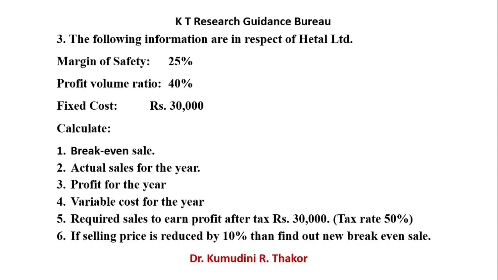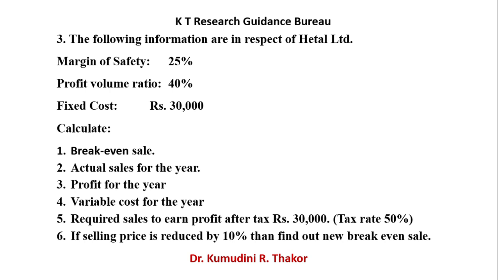On this data, you have to calculate first break-even sales, second actual sales for the year, third profit for the year, fourth one is variable cost for the year, next required sales to earn profit after tax 30,000 and tax rate is 50%.